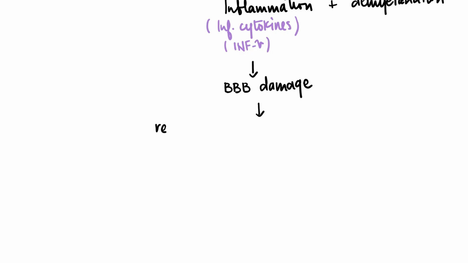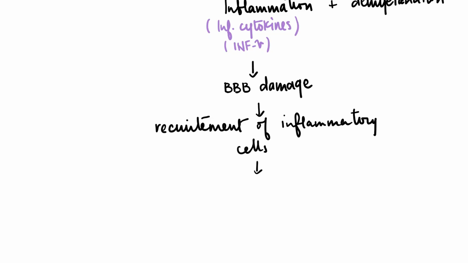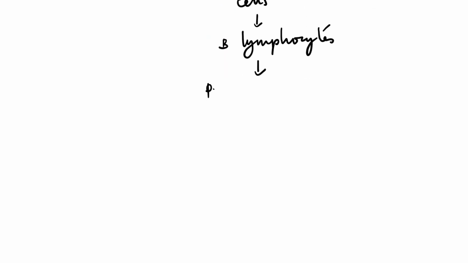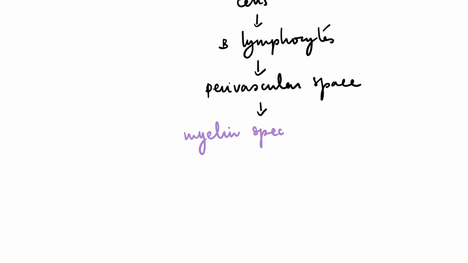This will lead to recruitment of inflammatory cells such as the B lymphocytes. What do the B lymphocytes do? The B lymphocytes move to the perivascular space and will cause the production of myelin specific antibodies.